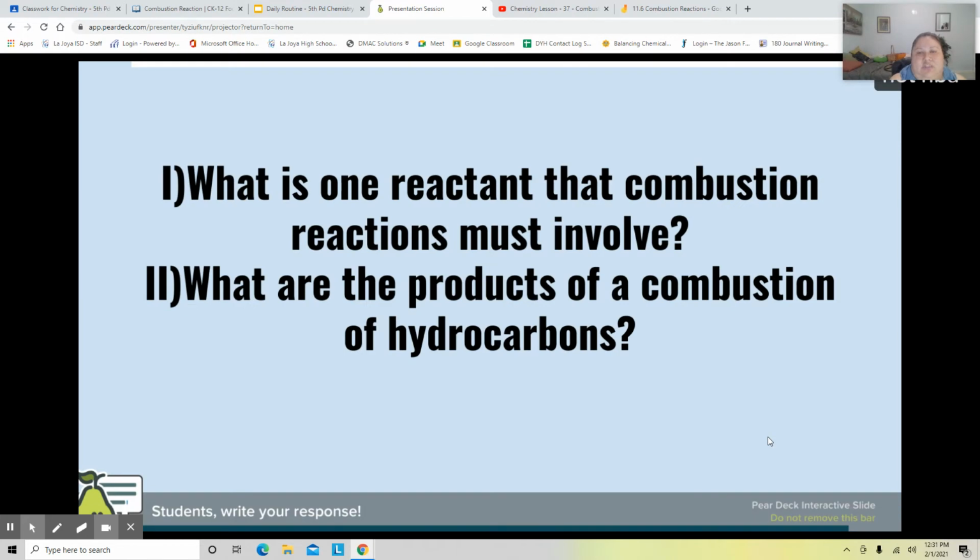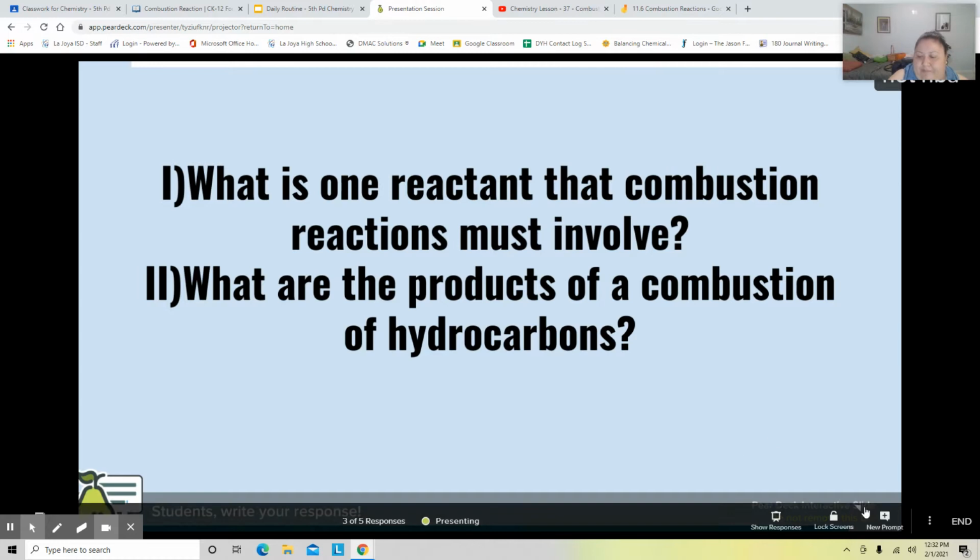What are the products of a combustion reaction when you're burning up hydrocarbons, like ethane, methane, butane, octane, pentane? All of those are hydrocarbons. All they have are carbons and hydrogens. What always forms when you react those with oxygen?